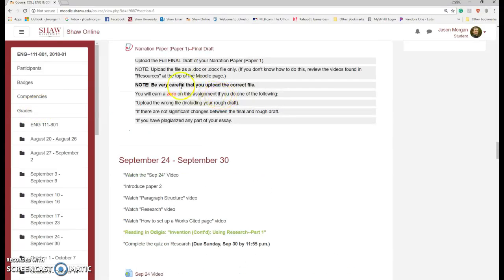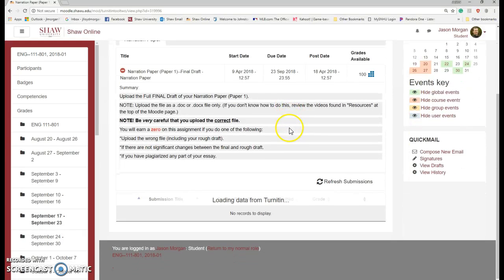For the grade, in order to get the feedback for this narration paper, you actually need to click on, let's go ahead and just do this. You click on narration paper. What you'll do is, when you see that it's been graded, you'll see a grade here. Okay, now I can't demonstrate this because I haven't graded anything, because I'm grading this before the week happened. But you'll see a grade.